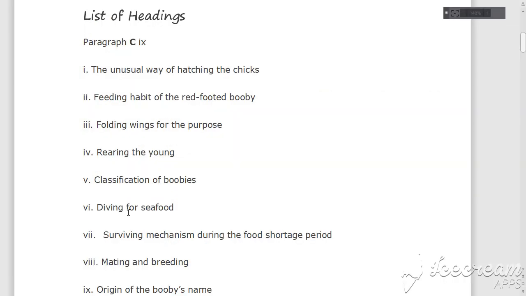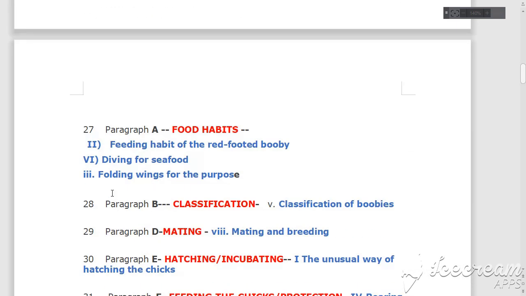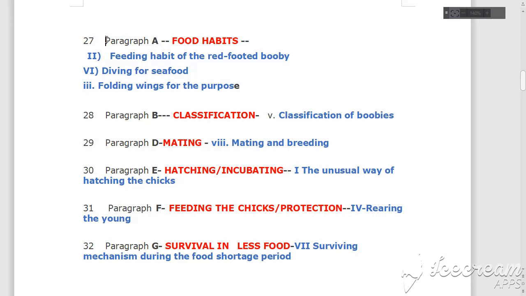So the next step is to match our own headings to the list of headings. So what I did, for each paragraph question I wrote our own headings in front of them, so that we don't need to go up and down again.